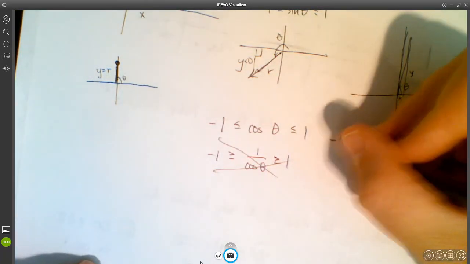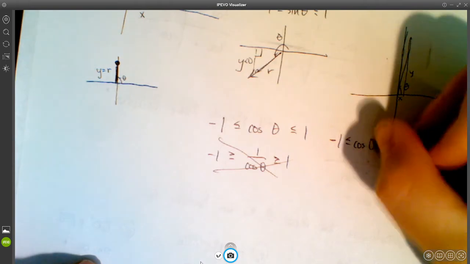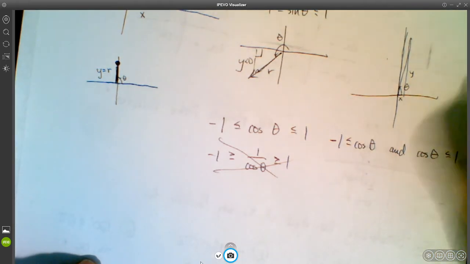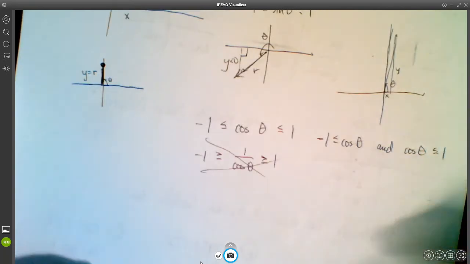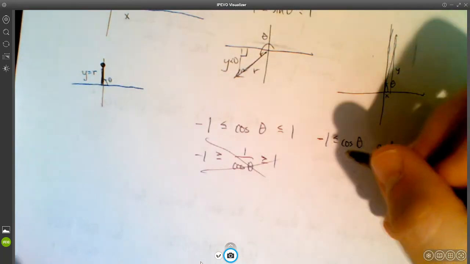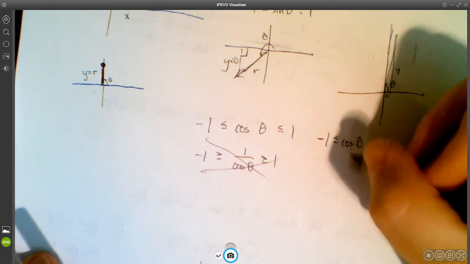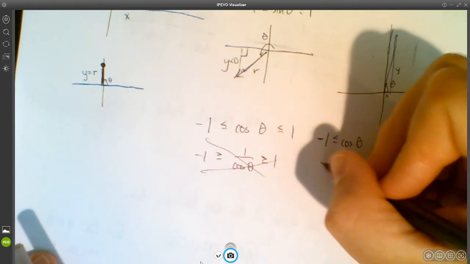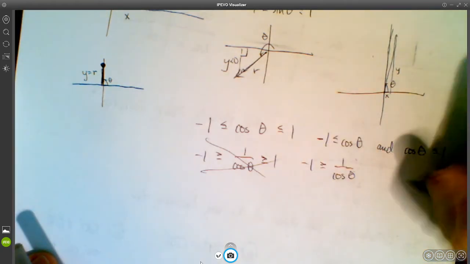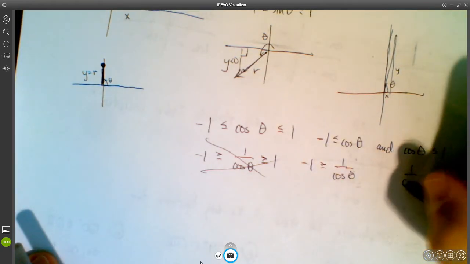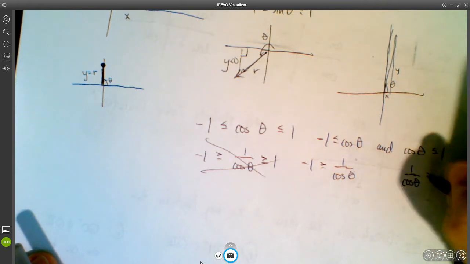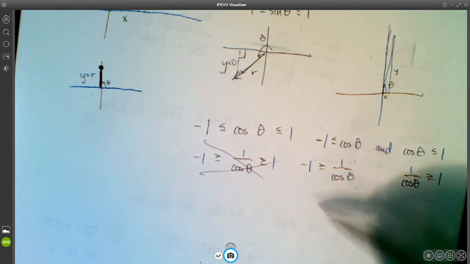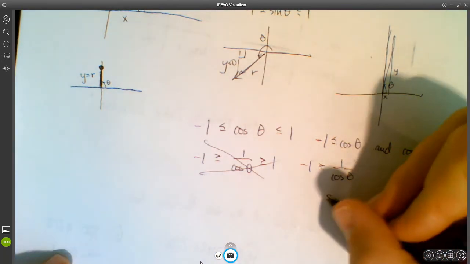We could split this. We've got this and we've got this. Now I'm going to take the reciprocal of both, right? When you take the reciprocal of cosine, you have to switch the direction of the inequality, okay? Then notice that 1 over cosine is secant.